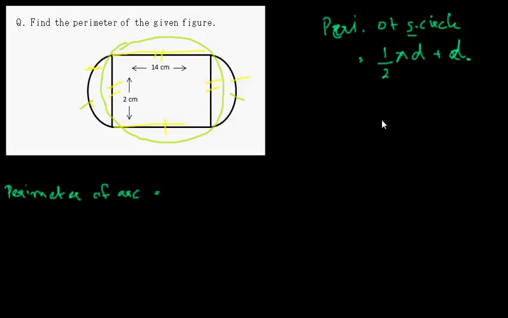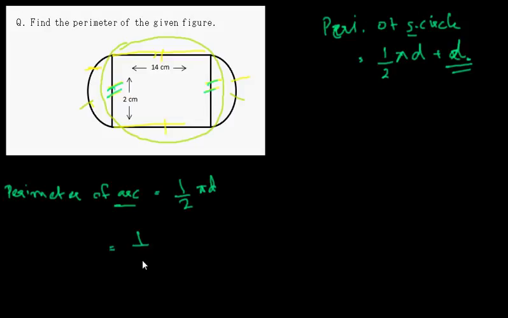Sorry, oops, that's a d. But notice how I've written down the perimeter of the arc here in place of the semicircle. That's because we're not going to consider these diameters, because they're not a part of the perimeter. So the formula for the perimeter of the arc is half pi d. We leave out this d because it's not required.